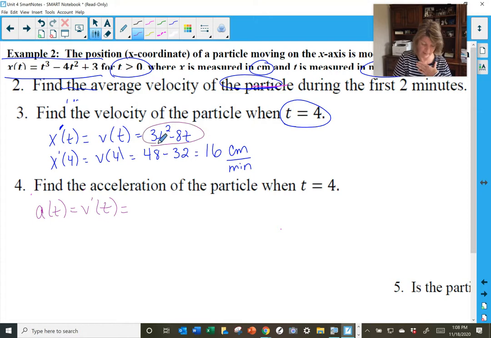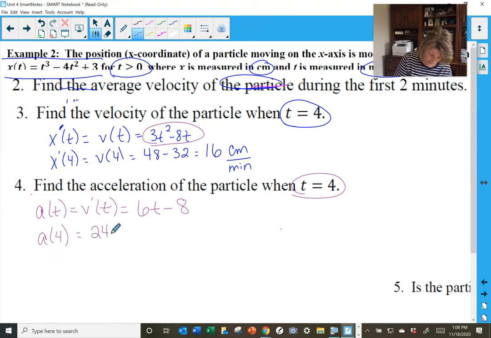So I'm looking back here where the velocity was defined. I'm going to get 6t minus 8. They want to know acceleration at 4, so I need an a of 4. That gets me 24 minus 8, so 16 again.